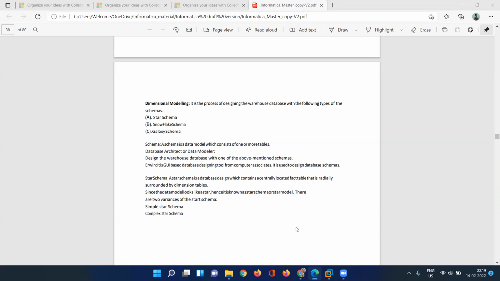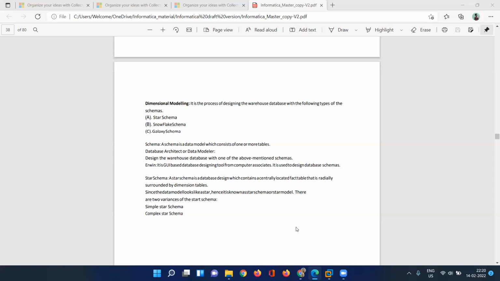Dimensional modeling is a process of designing the warehouse database as per our business and our data transactions: what kind of data we are receiving as transaction information, how we are going to load it into our target data warehouse, and what kind of schemas we are going to propose or use in our business. We have to analyze these things accordingly, and choose which schema is suitable for our business.